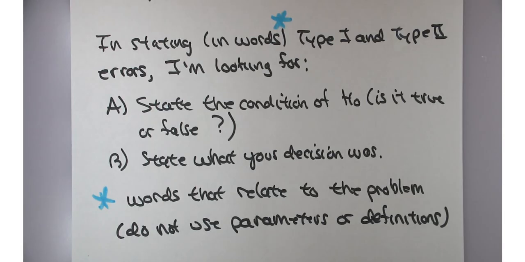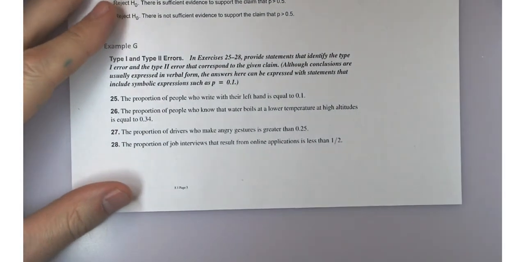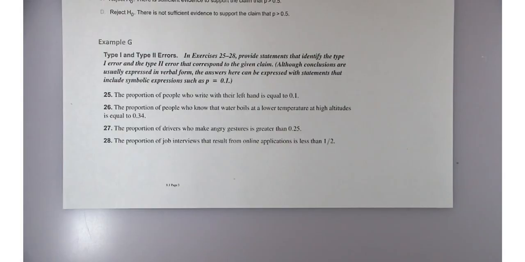So let's look at a few examples as much as we can from example G here. That's going to start out with the proportion of people who write with their left hands is equal to 0.1. Now Barack Obama, and I think 5 out of the 6 most recent presidents including Barack Obama, were left-handers, which is an unusually high proportion of left-handers.